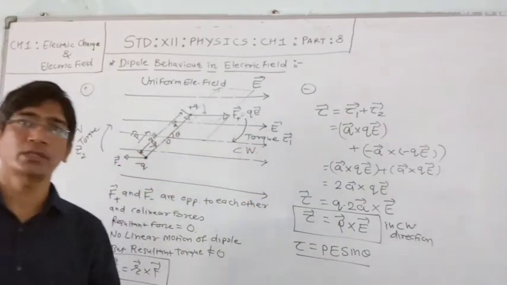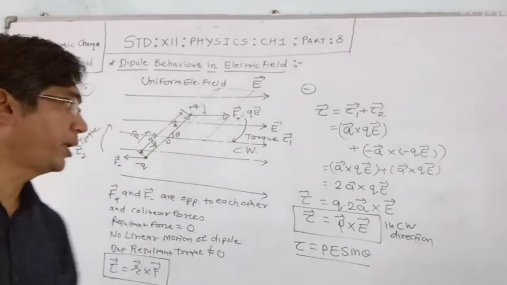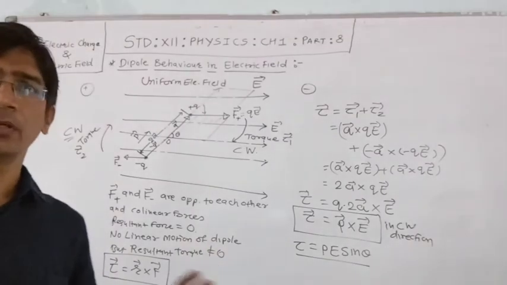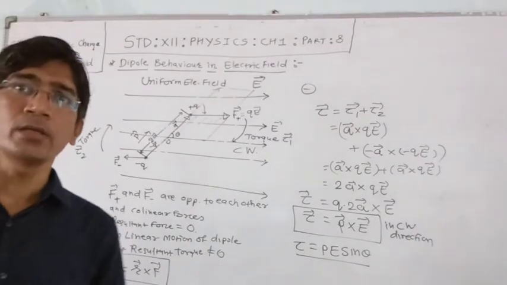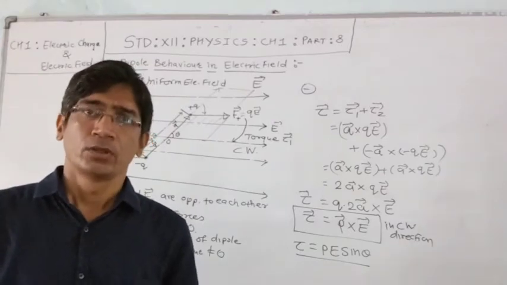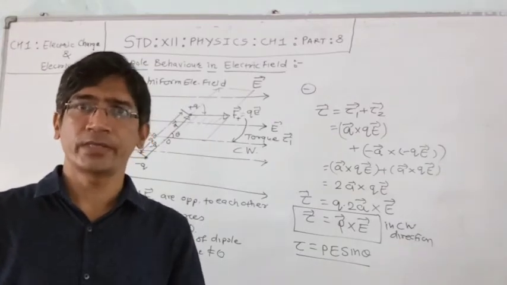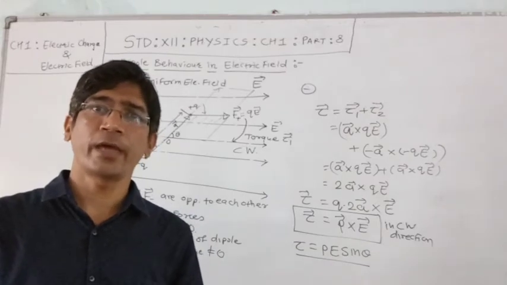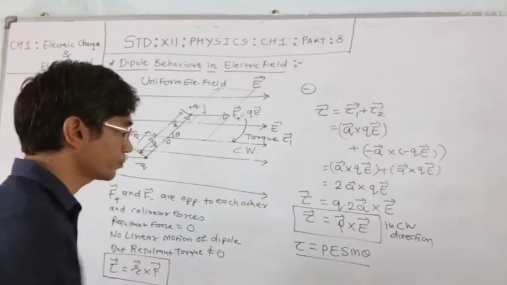Angle theta is the angle between the dipole moment and the electric field. We can take different cases of the angle. First we take the angle theta equal to 0.